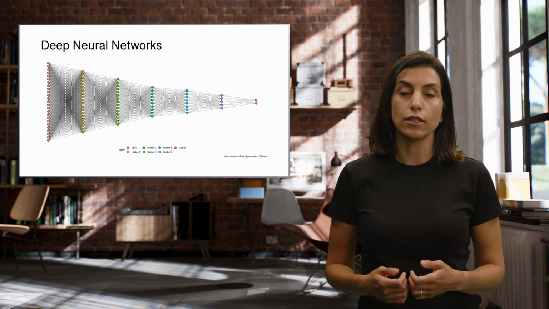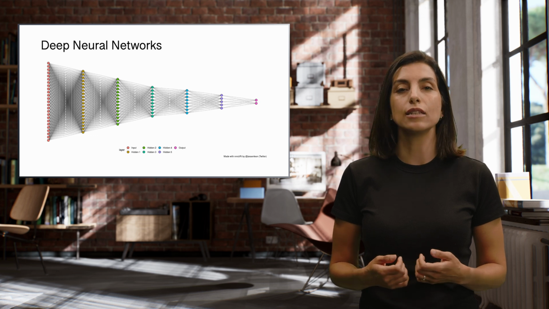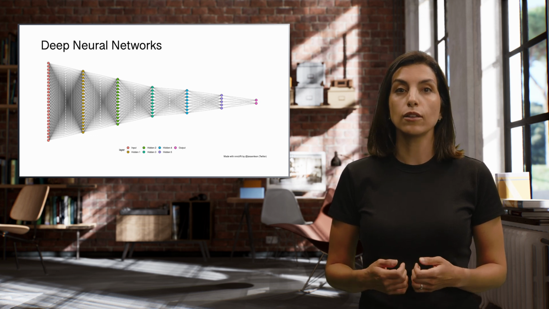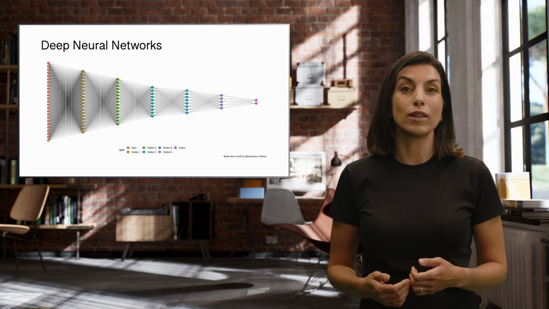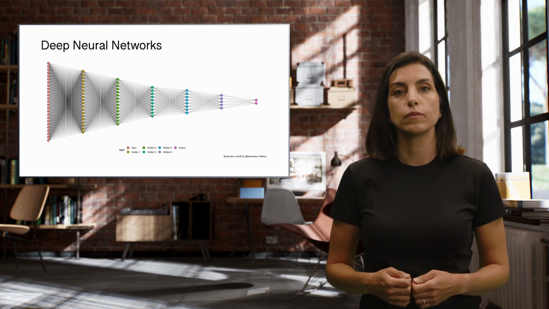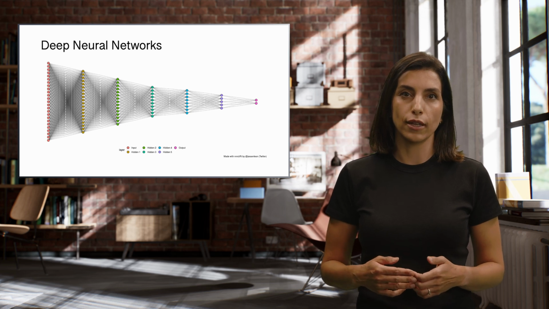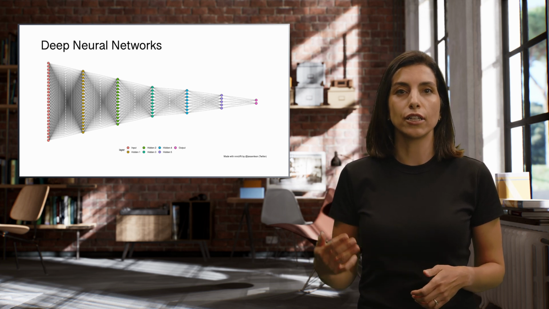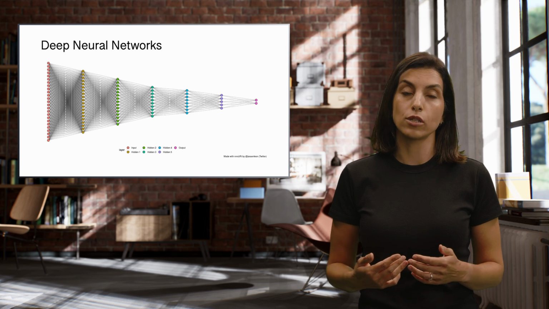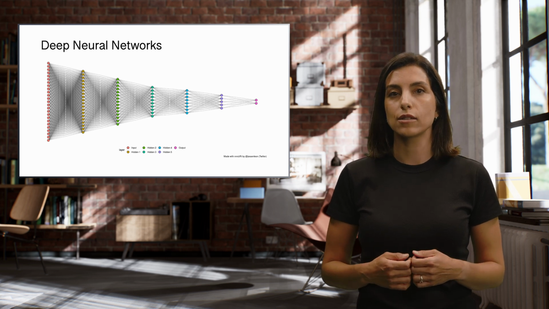In modern AI, these neural networks are referred to as deep neural networks. The network is deeper when there are more hidden layers. Note that this is only one example of the neural network architecture, and there are many variations of artificial neural networks in various AI tasks.